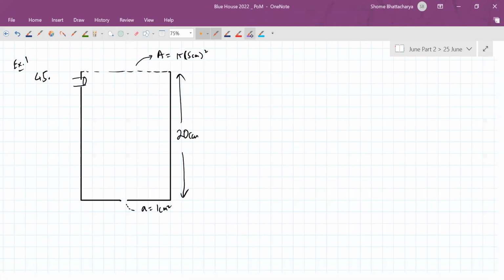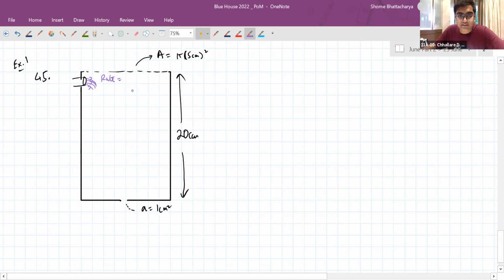Okay, so now water is flowing into this at a volume rate of 100 cc per second.